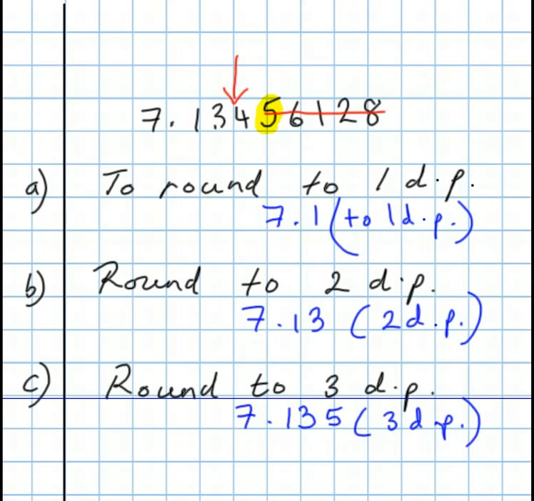Right, let's look at some complications, some more complicated instances of rounding. Now, what happens when we round this to 1 decimal place? Well, there aren't many complications here.